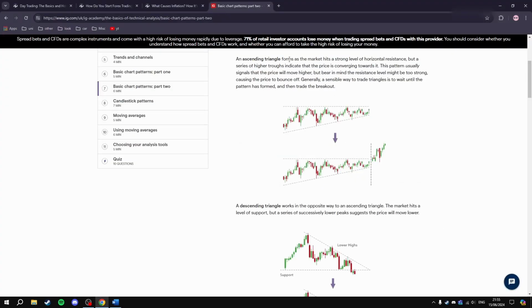This pattern usually signals that the price will move higher, but bear in mind the resistance level might be too strong, causing the price to bounce off. Generally, a sensible way to trade triangles is to wait until the pattern is formed and then trade the breakout.